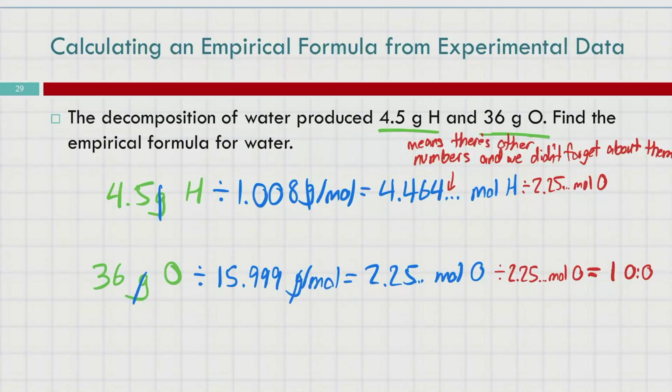Incredible. And for the top one, we get 1.984 hydrogens for every oxygen. So for every oxygen that we have, we've got 1.984 hydrogens.